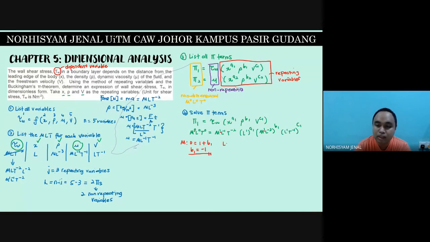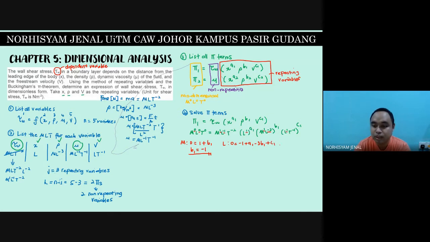Right, so for L, here is 0 minus 1, okay, so equals to negative 1. And then we have another L here, plus A1. Then we have another L here, minus 3B1. Another L here, plus C1.